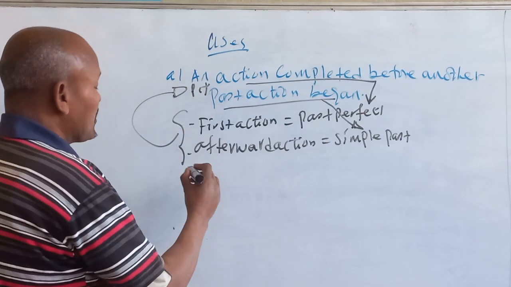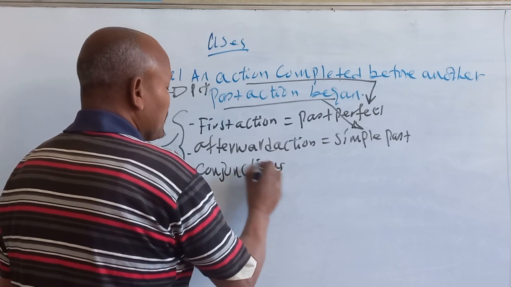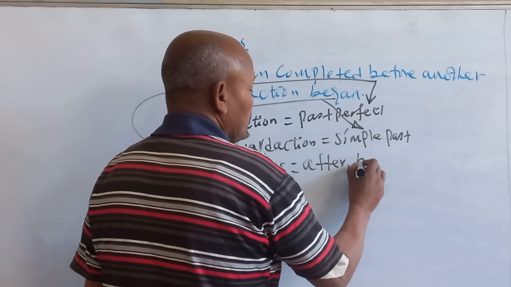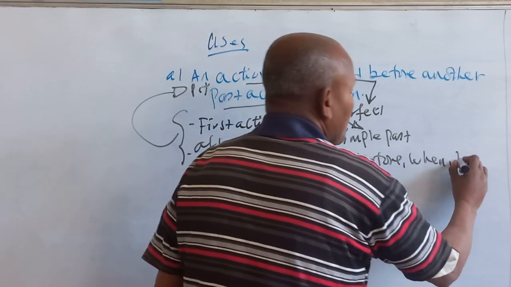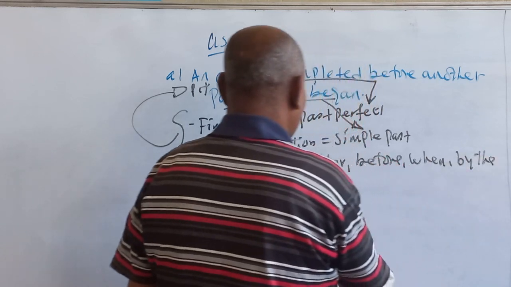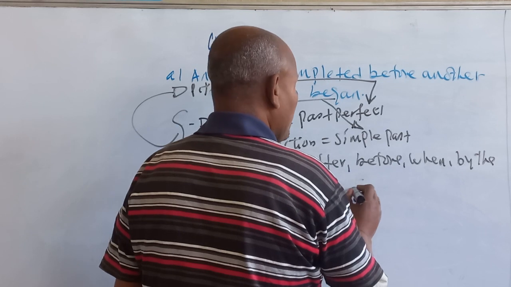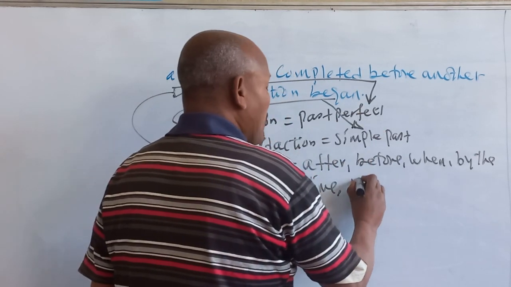When we make this example sentence, there is a need for conjunctions. When making this sentence in the past perfect, I need conjunctions. The conjunctions are: after, before, when, by the time, until.